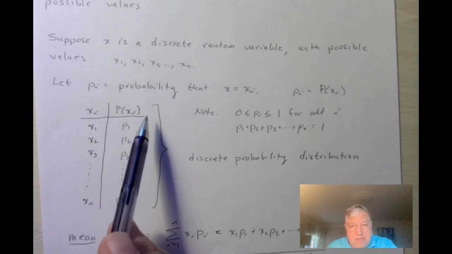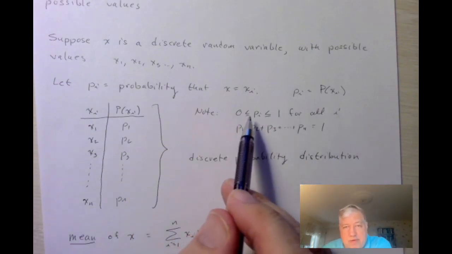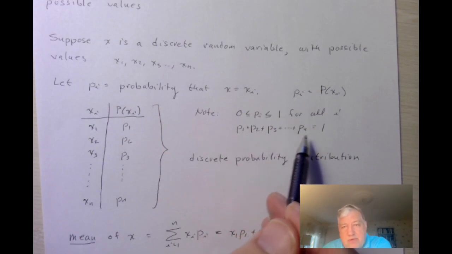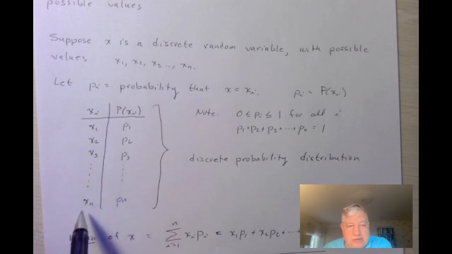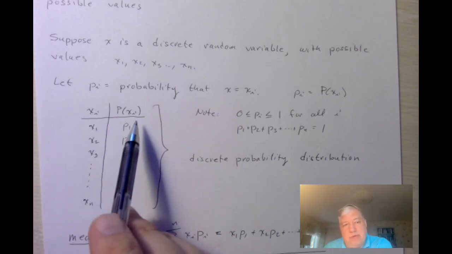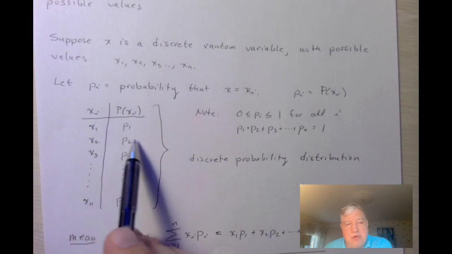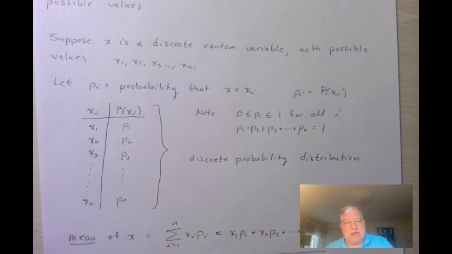Now notice that because they are probabilities, they're numbers between 0 and 1, and the sum of all these has to equal 1, because x has to equal one of these. Take any two of these outcomes: x can't be equal to x sub 2 and x sub 3 at the same time.